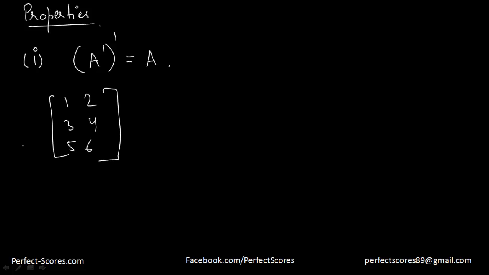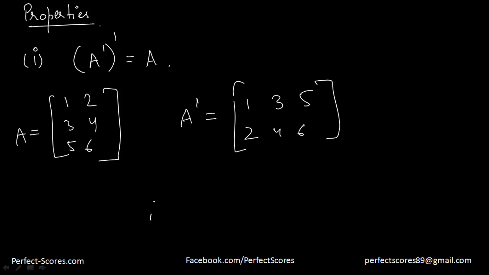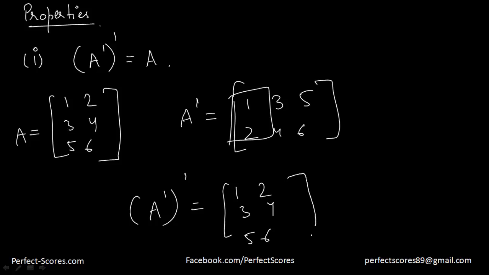That is A. The transpose of A is going to be 1, 3, 5 and 2, 4, 6. And the transpose of the transpose: again, this row will become the column, so it's going to be 1, 2, 3, 4, 5, 6. You can clearly see that these both are equal. So the first property is that the transpose of the transpose is the matrix itself.